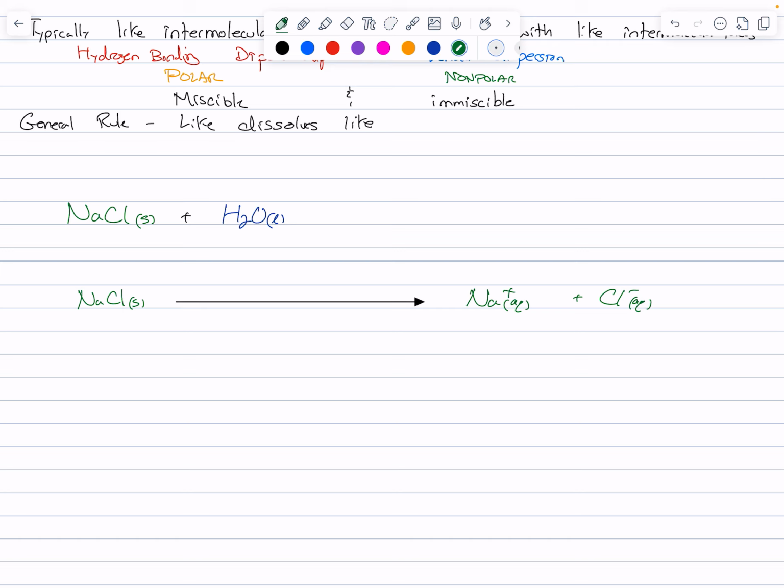But there's actually delta H of solution here, and we'll put the solvent on the bottom so you know. So there's an overall energy change. Now, sodium chloride is a solid. It's actually got to break up to Na plus and Cl minus. This process is how we as humans describe it.